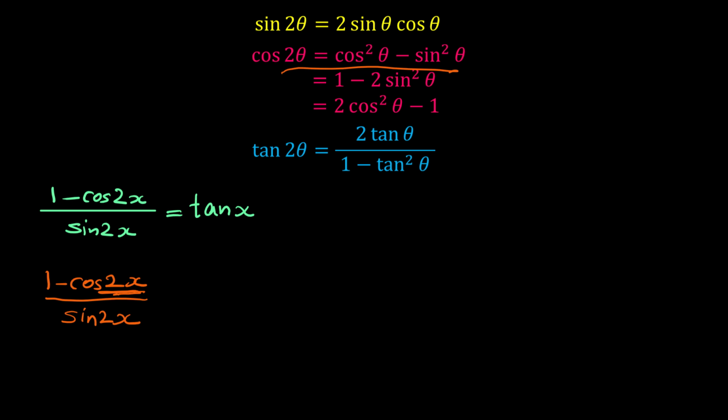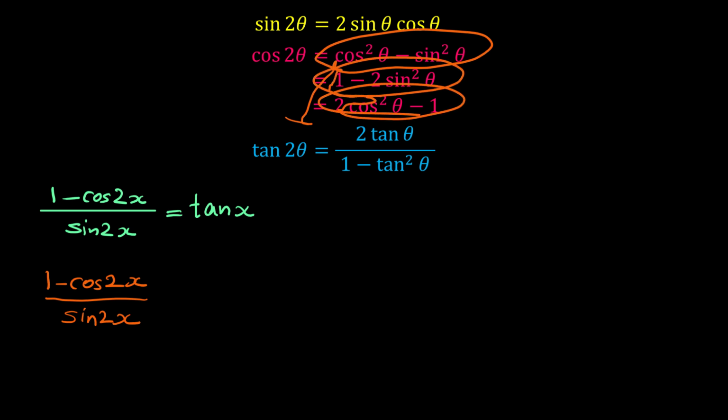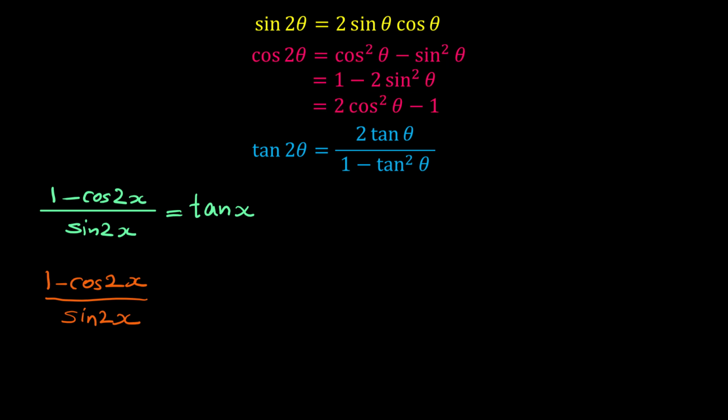For cosine 2x, which is in the numerator, we have three formulas: cosine squared minus sine squared, 1 minus 2 sine squared, and 2 cosine squared minus 1. Which one of these is better to be used here? For choosing between these three formulas for cosine of 2 theta, you have to pay attention to the other terms in your expression.